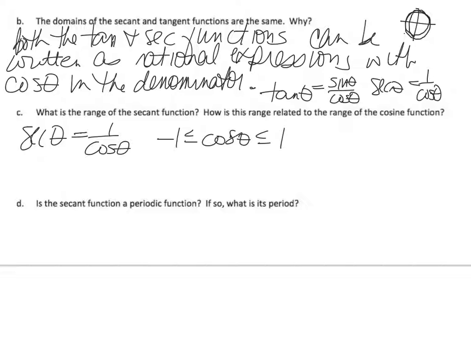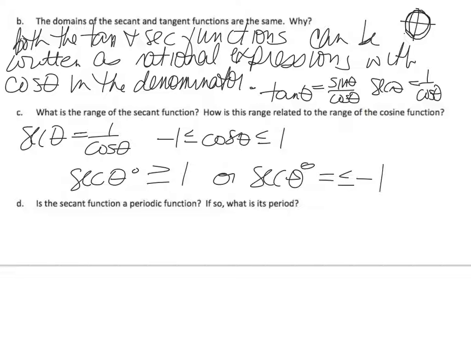But to relate that back to secant, where secant theta equals 1 over cosine theta, secant theta is going to be either greater than or equal to 1 or less than or equal to negative 1.